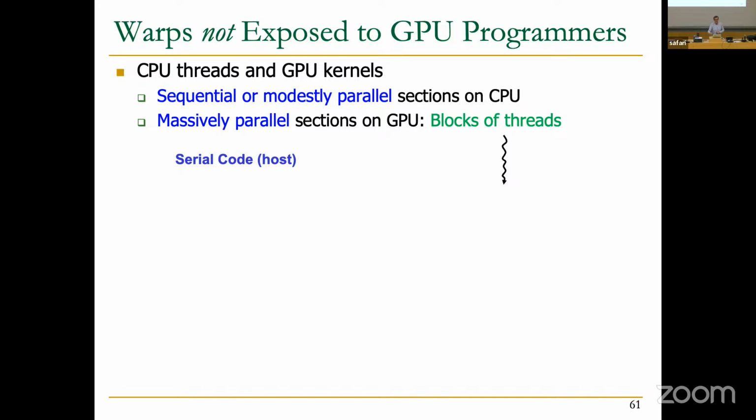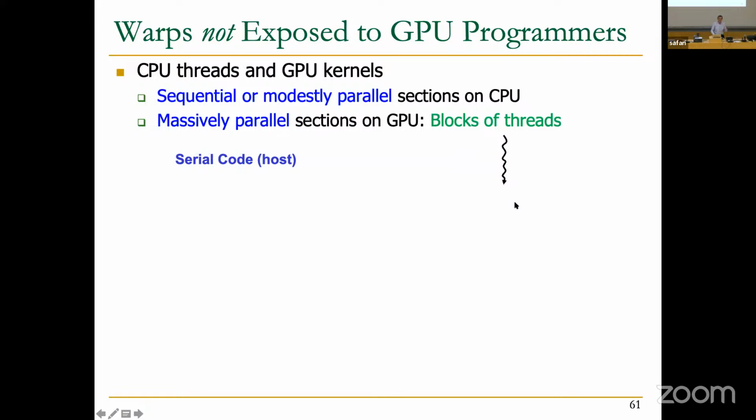For example, if you have a serial code over here, one thread executing on one data element, and you have a warp that's capable of executing 64 threads in hardware, your utilization, if you execute this thread on a GPU, is 1/64, right? 1/64 is a very small number. Your hardware is capable of executing 64 threads concurrently, but now you're executing only one. So it makes sense to actually execute the serial code on the CPU host.